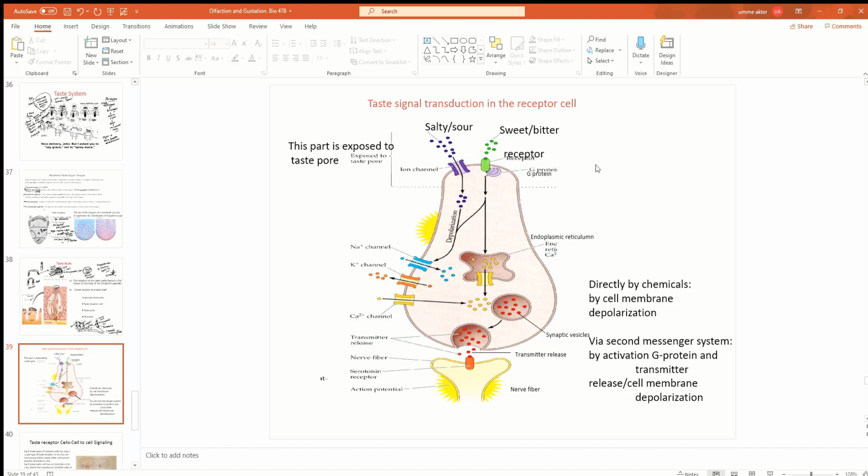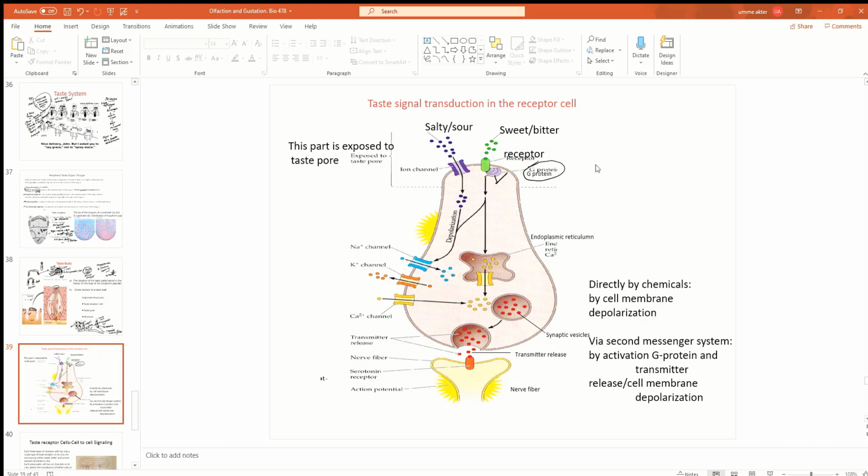Now this is a kind of simplified way to show how the depolarization and action potential is produced in the taste receptor cells. So if you see here, this is G protein.